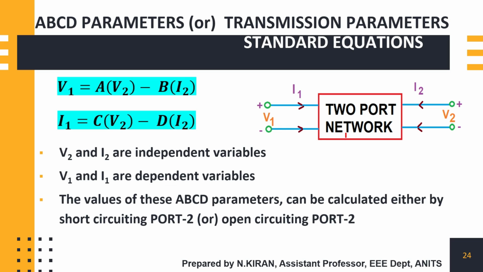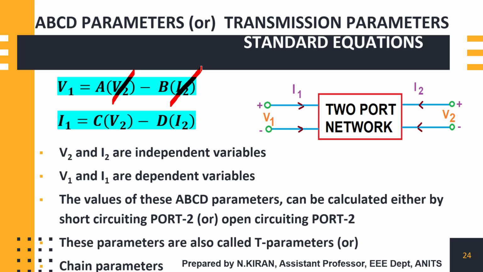So here these parameters can be found either by making V2 as 0 or I2 as 0. V2 = 0 indicates short circuiting port 2 and I2 = 0 indicates open circuiting port 2. So in other words, either by short circuiting or open circuiting port 2, we can easily find these parameters.